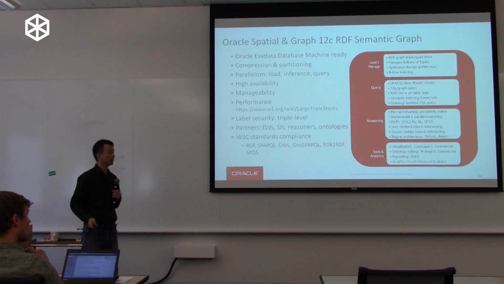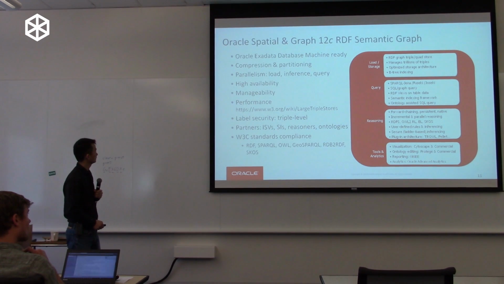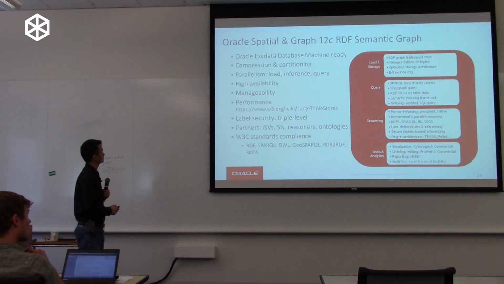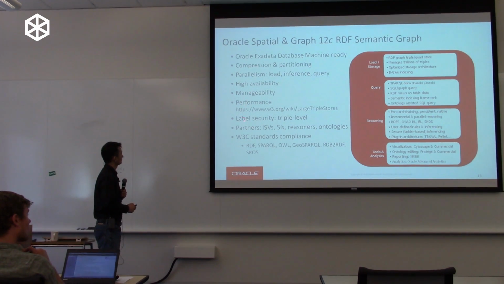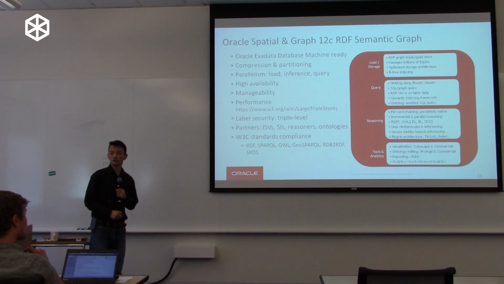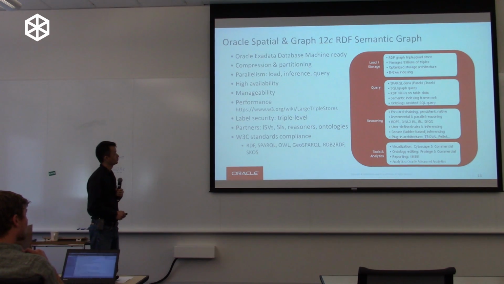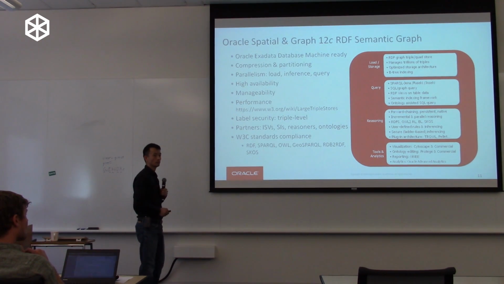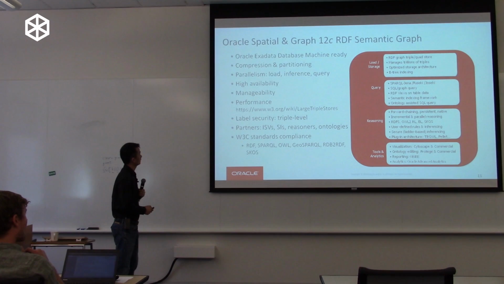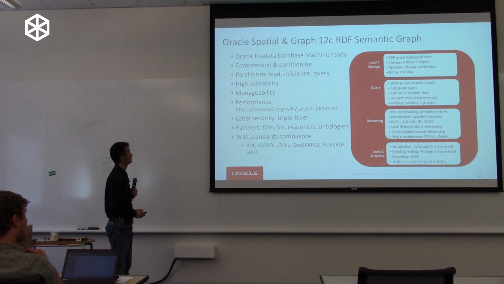There are a lot of RDF products out there, so there are a few differentiators, right? Security. We offer enterprise-grade security. We can protect the edges at the triple level. We also scale extremely well.